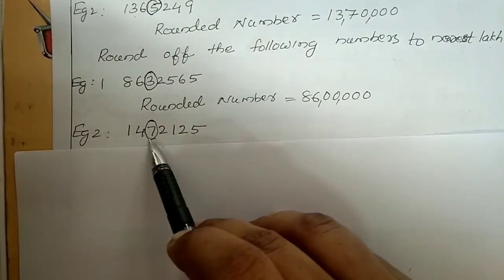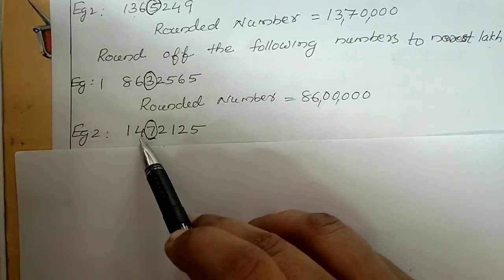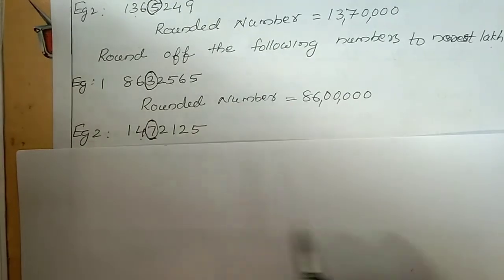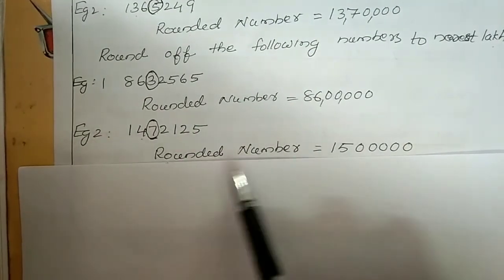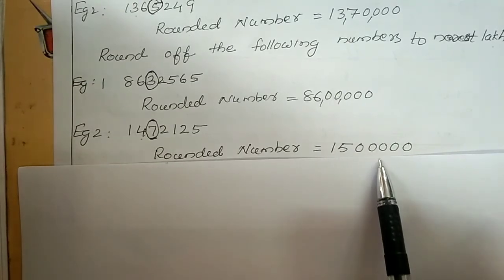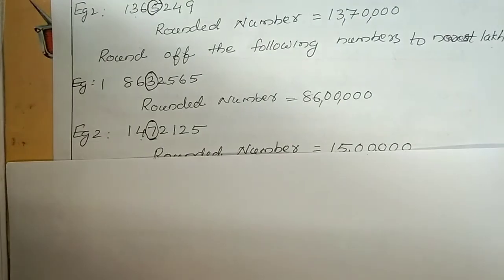Why? Here the 10,000th place digit is more than 5, so write the number after 4. So our number is 4 plus 1 is 5. So the rounded number is 15 lakhs.